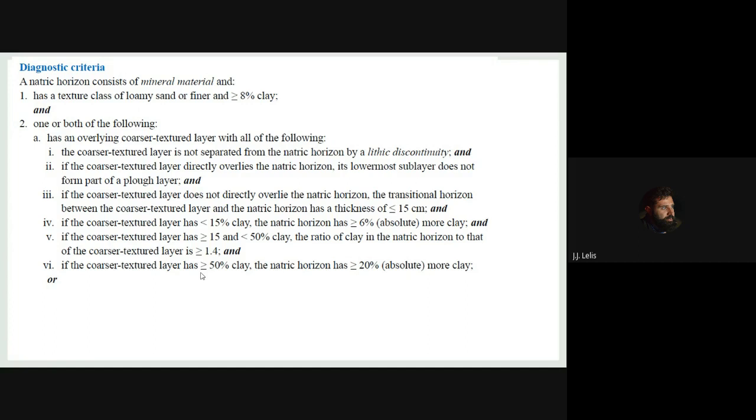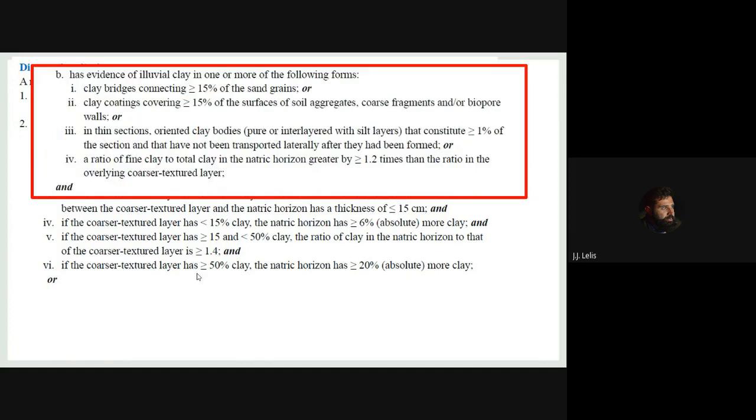So you can see that all these criteria are the same for argic and natric horizons because they both possess a substantial increase of clay content, okay? But we have some specific criteria to identify natric horizon. Let's see. We also can present clay bridges or clay coatings in thin section, as we saw in the argic horizon. Okay, so again, it's the same.